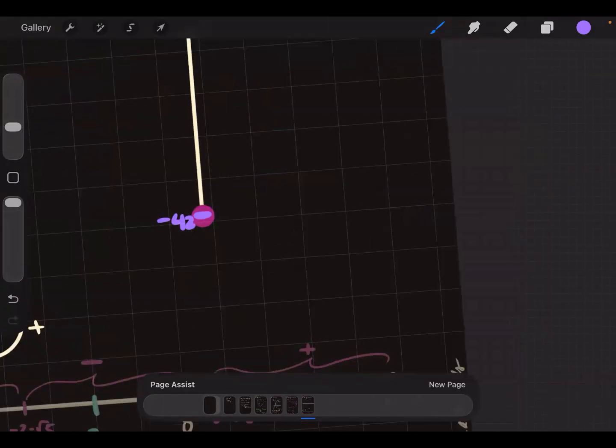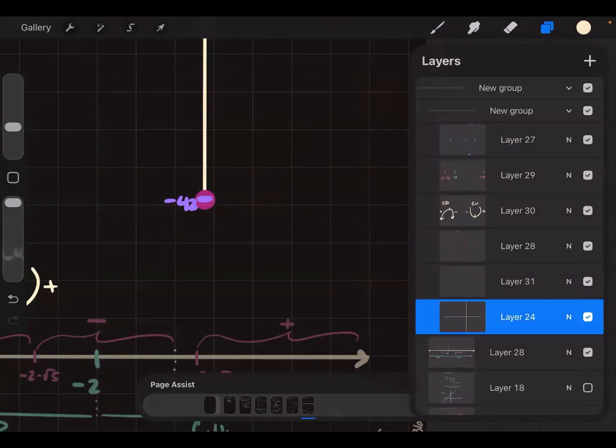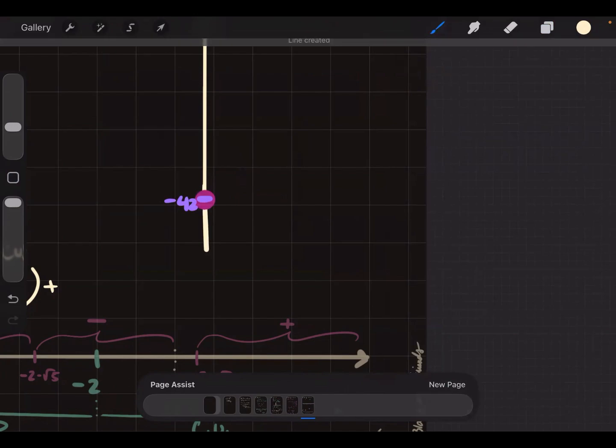And then our min is going to be a little bit greater than negative 43.